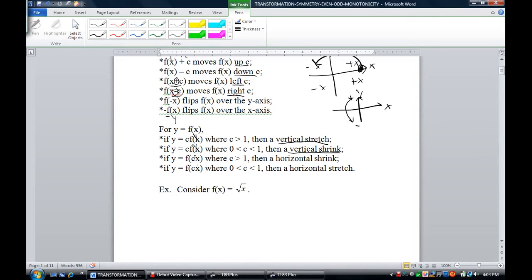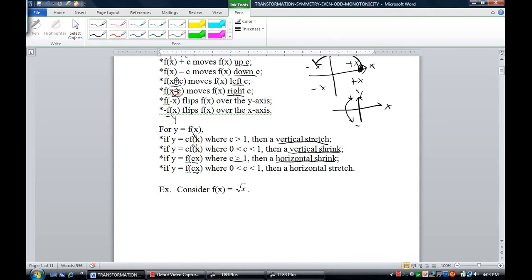Now these other two you have to watch out for, kind of like with the signs up here. If the c or the number has been multiplied on the inside with the x, and the c is greater than 1, you would think that's going to make the graph bigger, which it will vertically, but it's actually going to shrink it horizontally. It's a horizontal shrink because of where the number is. It's inside the function being multiplied by the x.